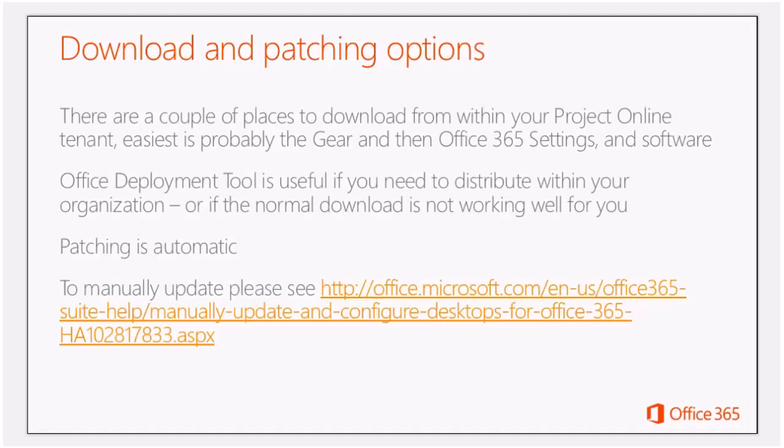The other time we found it to be useful, and it's probably not so much of an issue now, but certainly when we launched a year ago, we were seeing that if you were on a slow internet connection, you could have problems with the download, and it would get stuck or take forever.